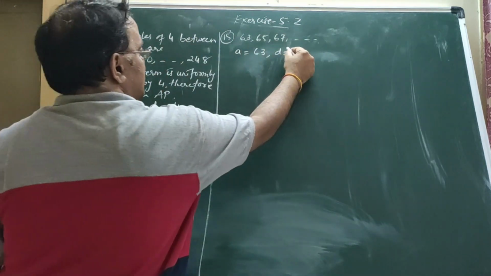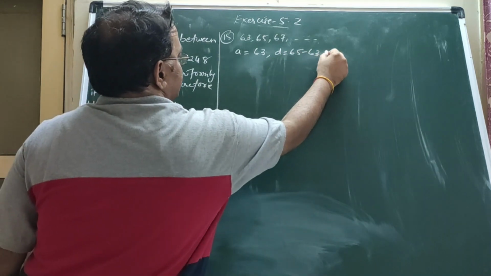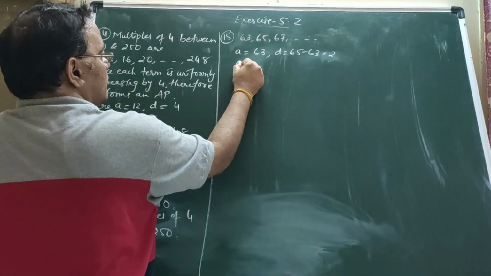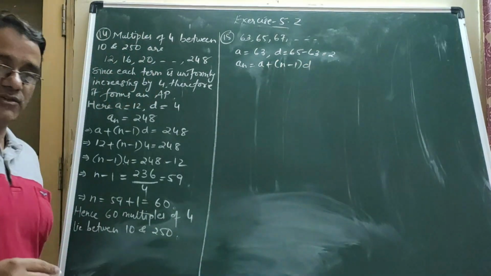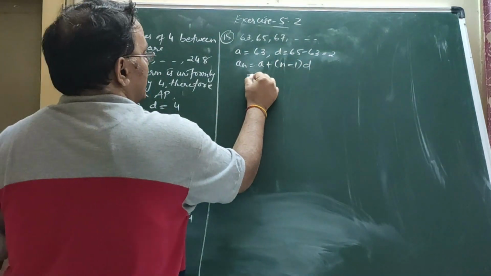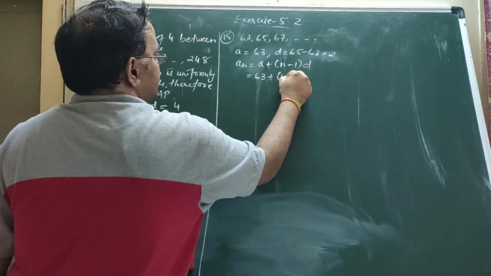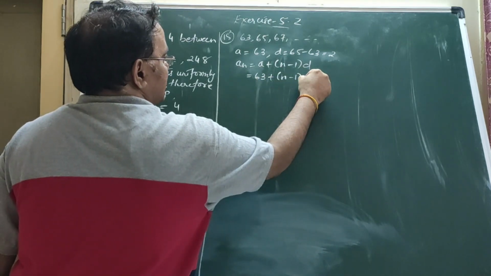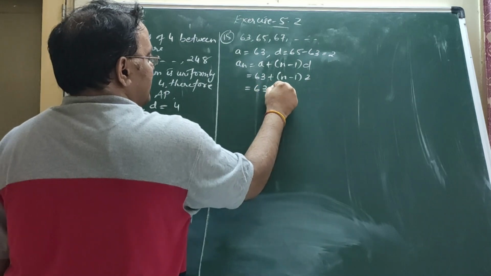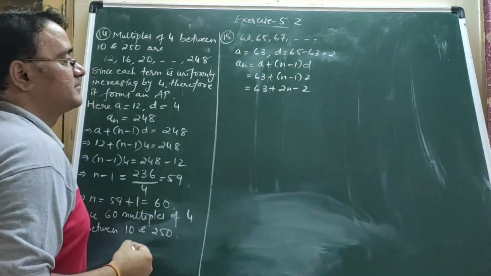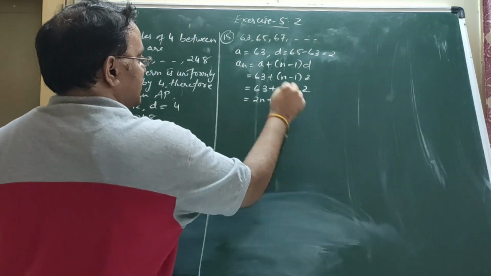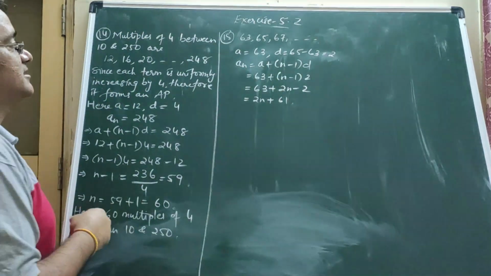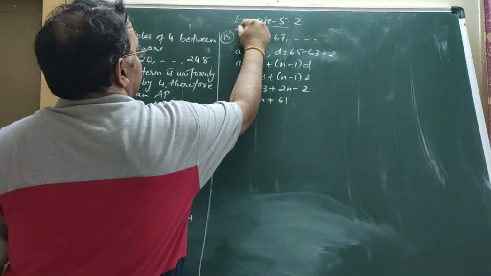Second term minus first term, that is 2. Now nth term is equals to A plus n minus 1 into D. Substitute the value of A and D. Open the bracket. So finally what we will get, 2n plus 61. This is the nth term of first AP.